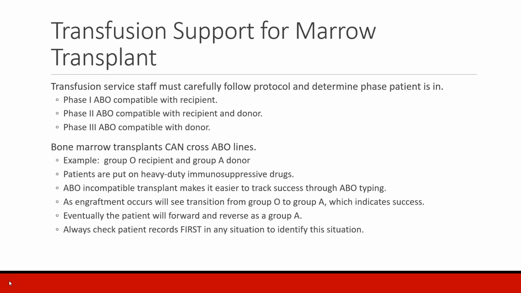This is why it is so important that you always check patient records first in any situation to identify this situation. And we saw several while I was working in the transfusion service. In fact, it didn't surprise us. We would get a person who previously typed as group A and now they're group O. Well, the first thing we want to do is make sure the wrong patient wasn't collected.